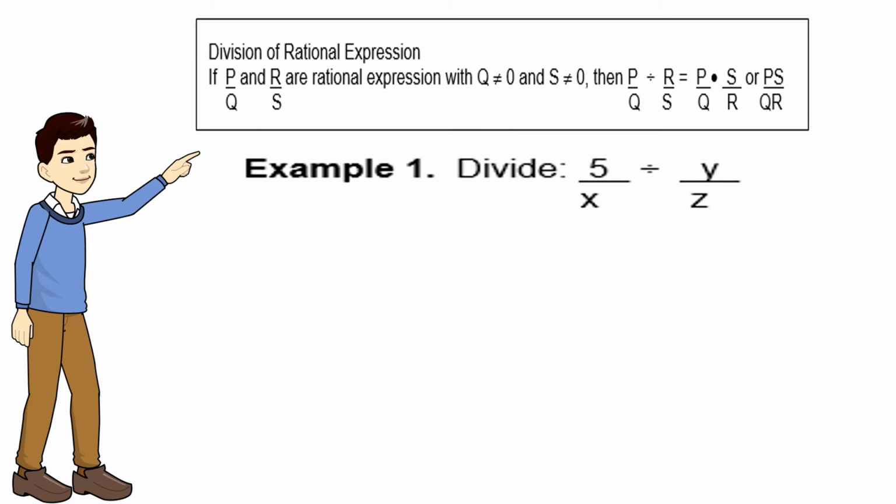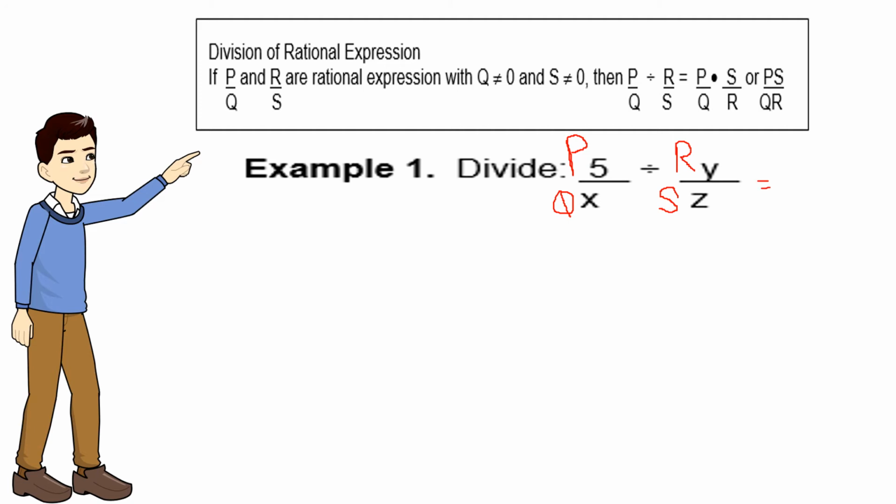Okay, example number 1. Divide 5 over x and y over z. So, pwede din natin ulit i-assign. So, this would be our P, our R, then Q, and S. Pwede natin i-assign yan.